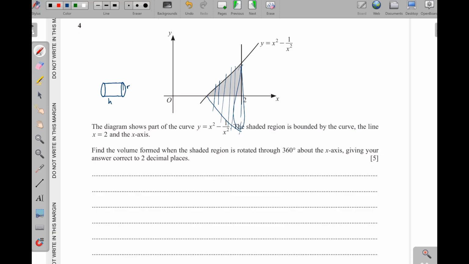Okay, now when I pull out one cylinder here, this is going to be its radius. This one is going to be the radius, but that radius will equate to the y value that is here. You see that? So the radius is therefore equal to y. And then in between these two values, let me make this one much more clear.